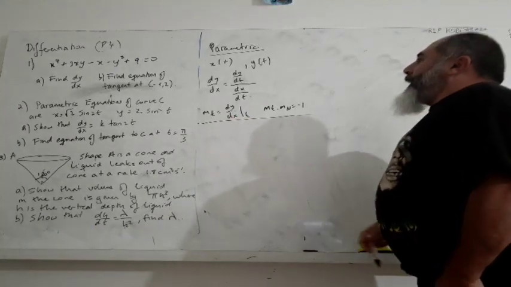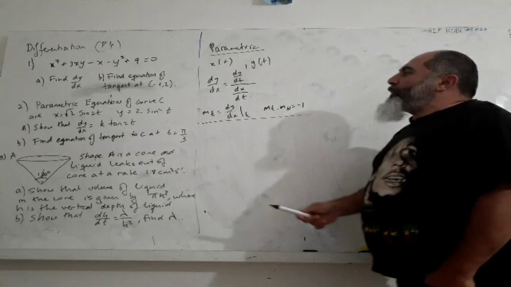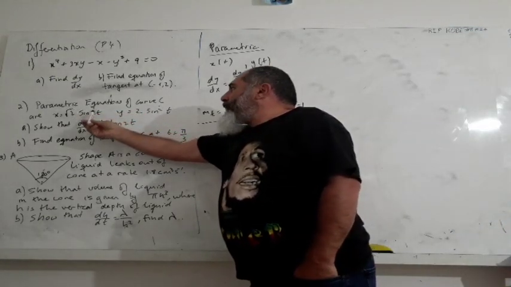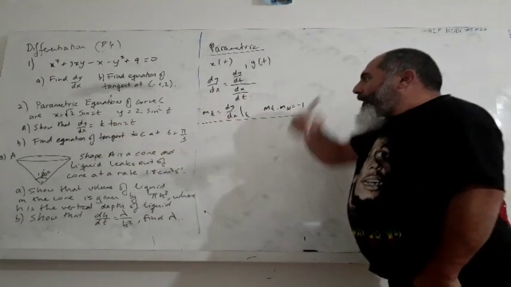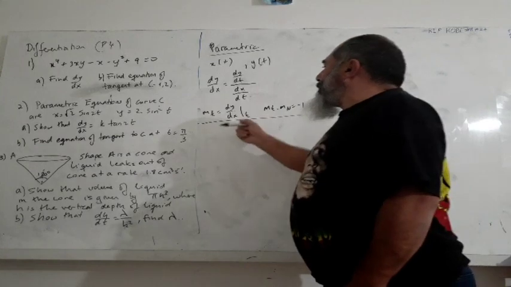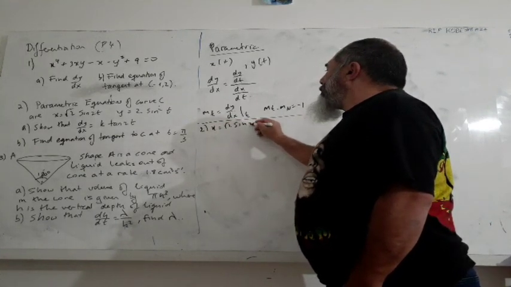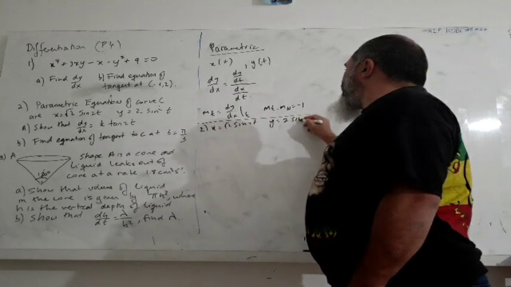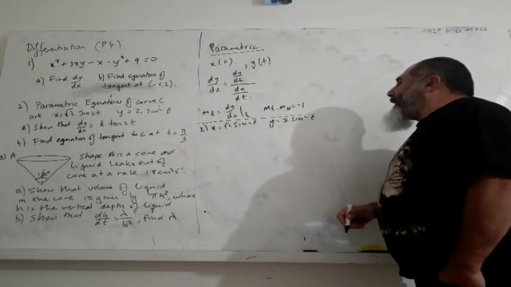In question 2, as you see, our parametric equations use trigonometric functions. So for question 2, x is equal to root 2 sine 2t, y is equal to 2 sine squared t, and we have to remember the derivatives of trigonometric functions.